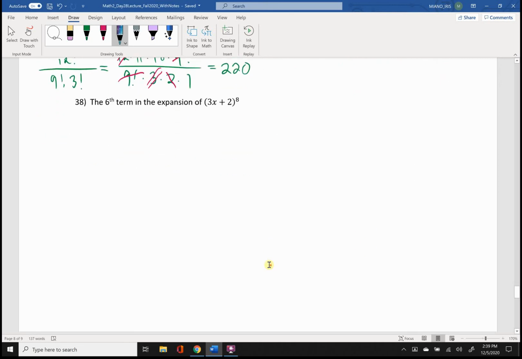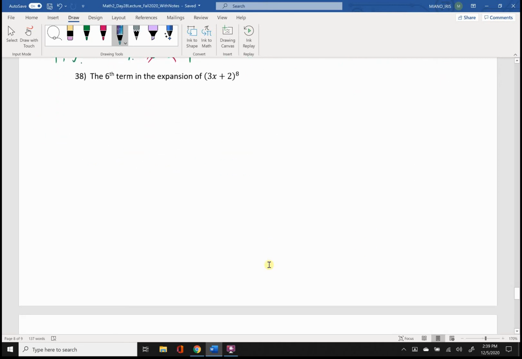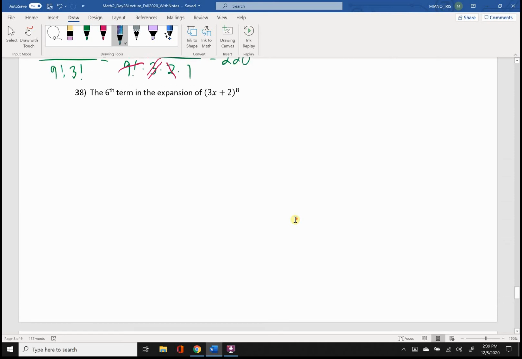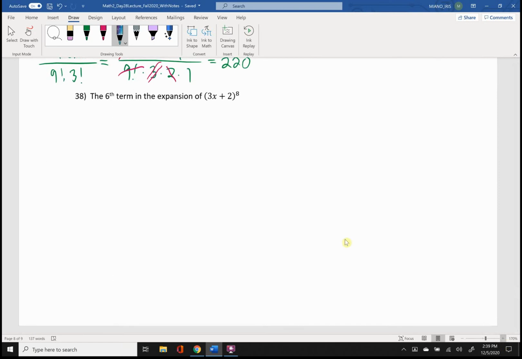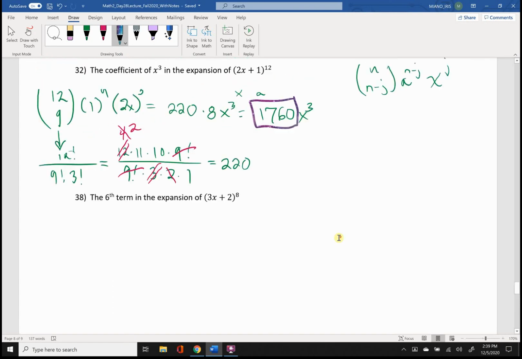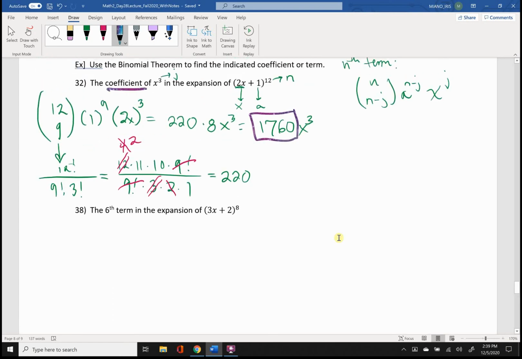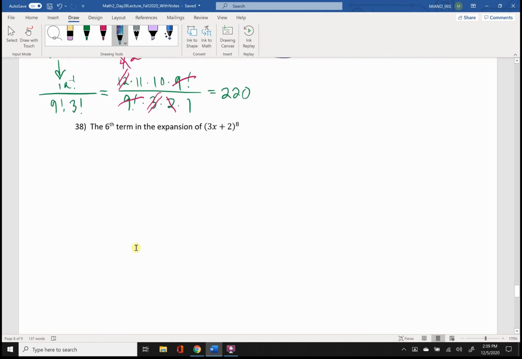Okay, so we're going to find the 6th term in the expansion of this binomial. So the 6th term is not the same as the term with the exponent of 6 in it, right? Which is what we were using to determine right away that j equaled 3 in the previous example. Oh, no. J, in this case, is 5.